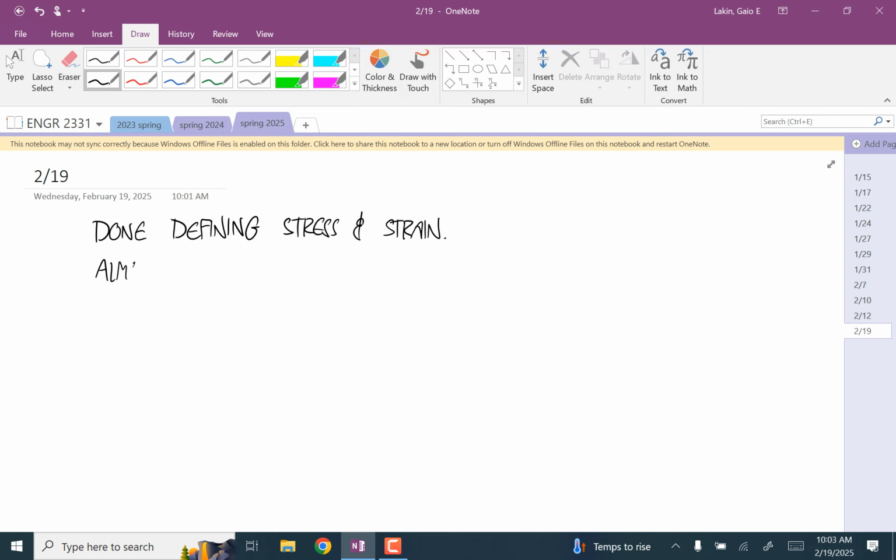Almost all of what's left is calculating the stress in specific loading situations, you know? So we haven't done that yet. Like, what happens if you have a beam and it has a force pushing down on it and something stretching it and something twisting it? What are the stresses in the beam? And that's what we're going to do now.